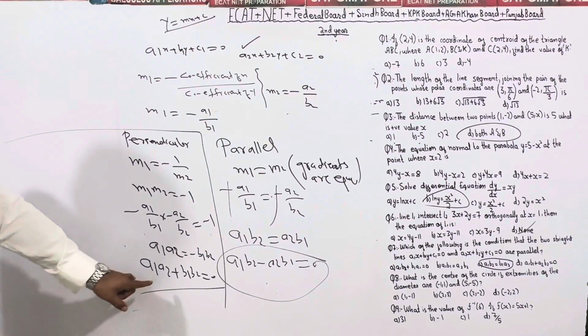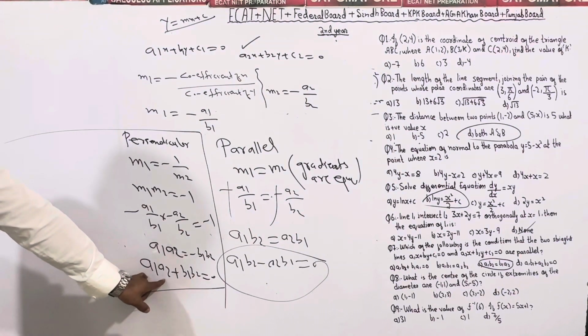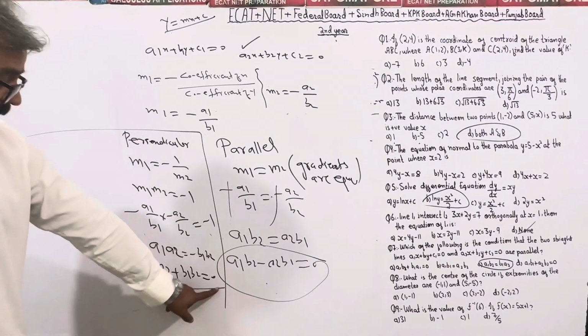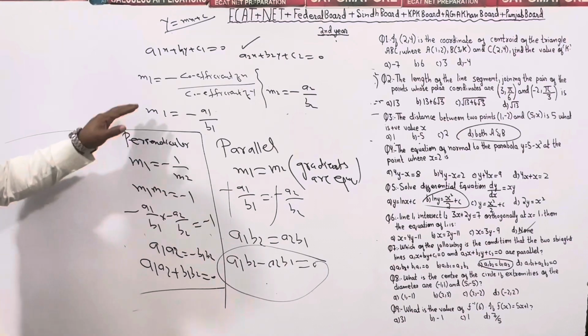It means the product of the coefficients of x plus the product of the coefficients of y results in 0 when the lines are perpendicular.